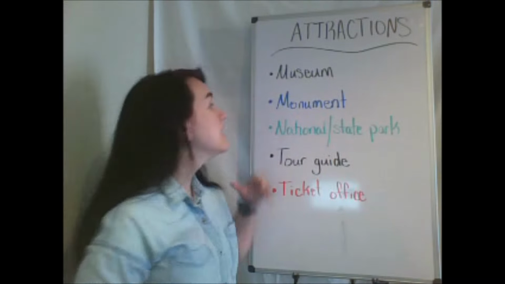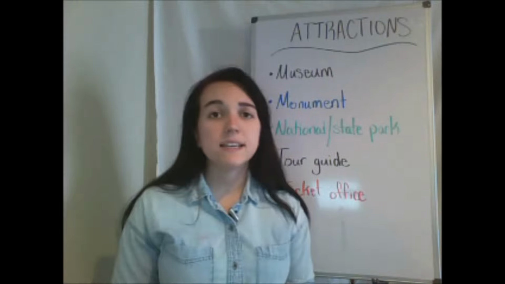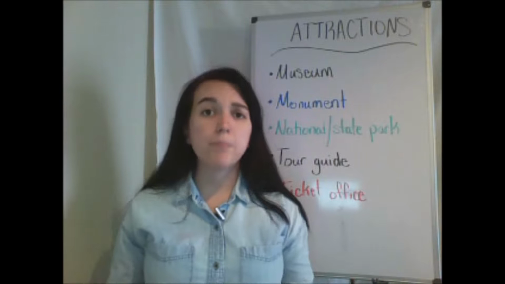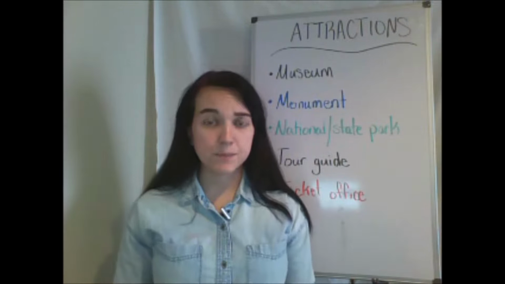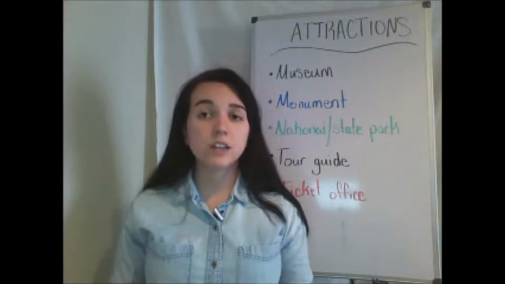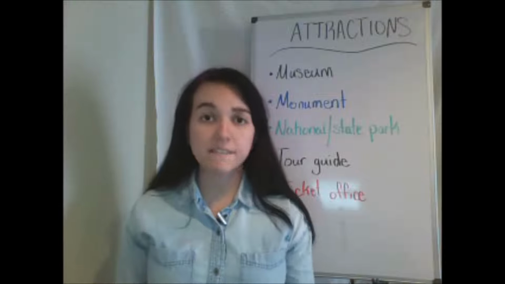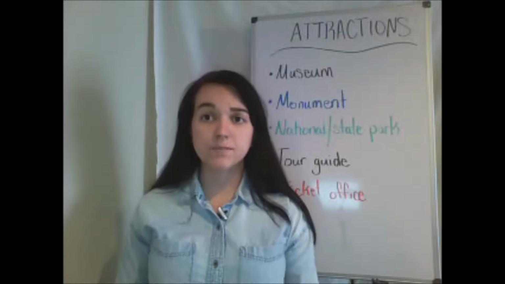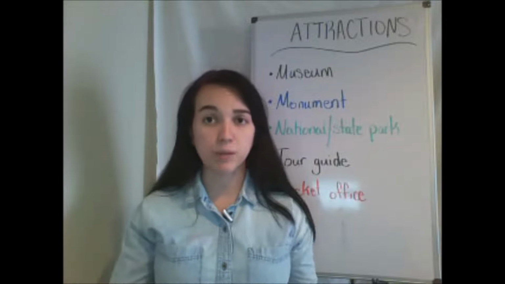Our next word is a monument. Now, a monument is something that is built to commemorate or remember an event. So if your country has a big historical event happen, they might build a monument to that event to remember it and show people.